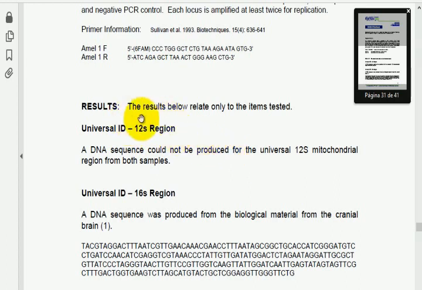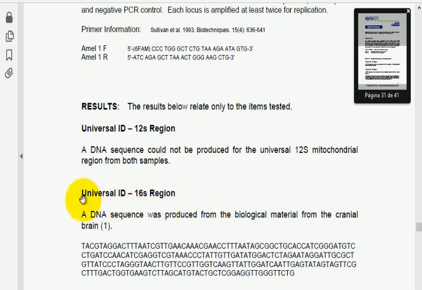Then I explained the 12S region and why it is used to identify different species. And I explained why this 16S region from the mitochondrial genetic material is used to identify different species.